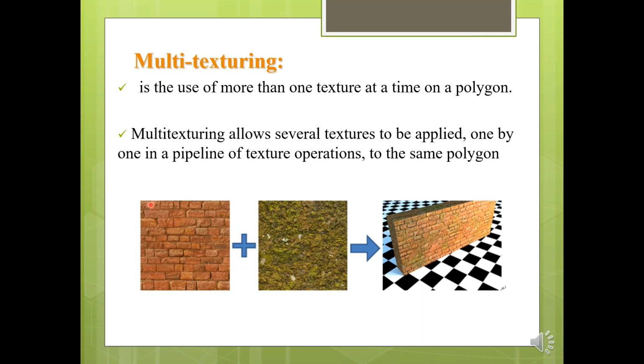I will combine these two textures together so that I will have a result like this for this object. It adds more realism to the object, because it's the combination of this and this.